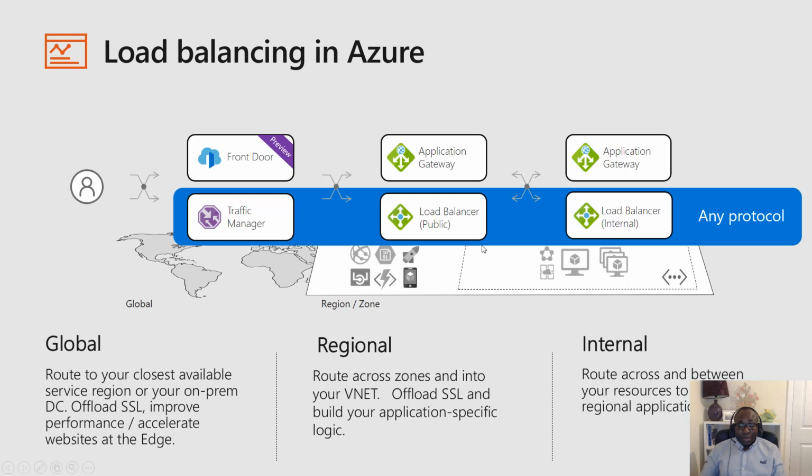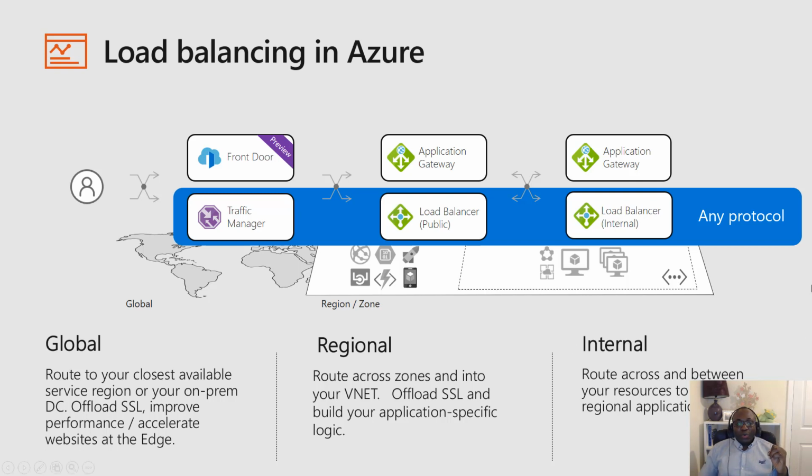The good thing about it is when you look at some of these other solutions, like the standard load balancer or the basic load balancer, that supports any protocol in Azure. It could be TCP, could be UDP, any protocol that comes into that, as long as you can create the rule for it. If you can't create the rule, if you're using something like standard load balancer that supports HA ports, you could distribute any protocol.